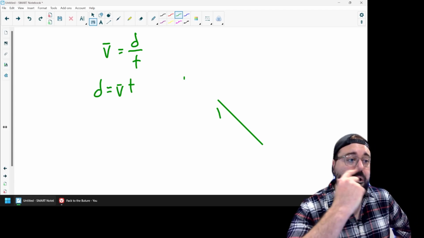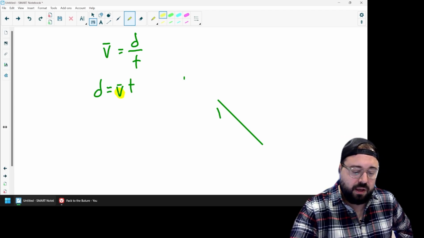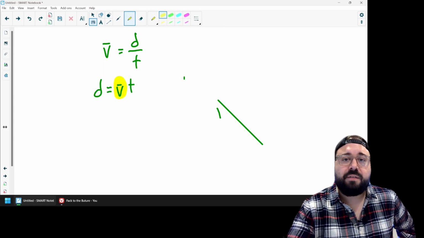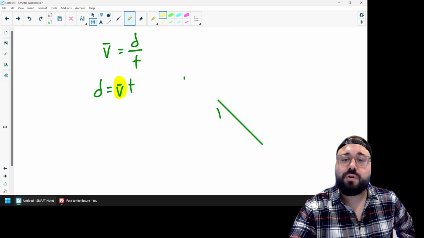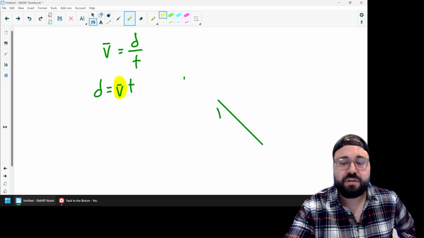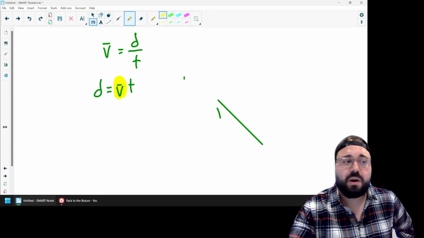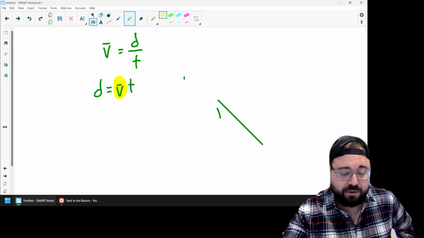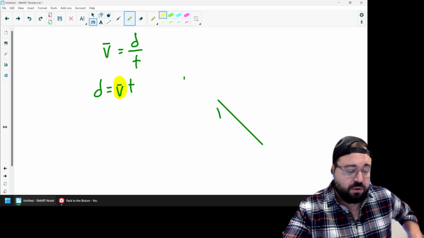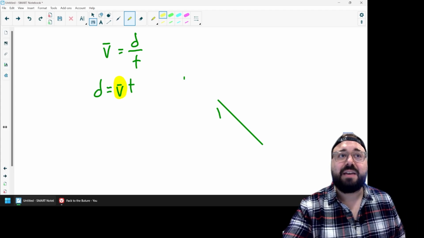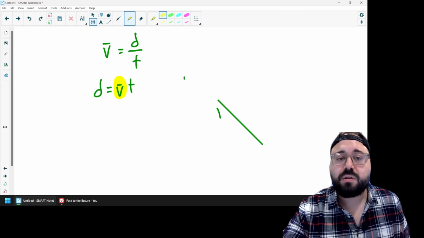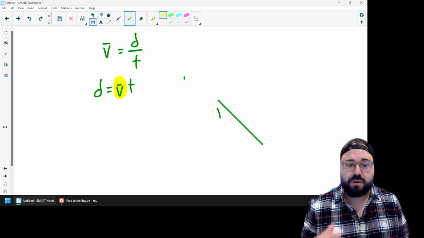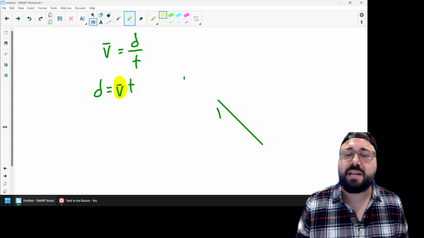The answer to that is no, because of this. If you recall, that line over the v indicates average velocity, right? This car was not traveling at 88 miles per hour the whole time. So if I plug in 88 miles per hour in 37 seconds, when this equation does its thing, it's going to give us a distance that corresponds to a car going 88 miles per hour the whole time, which is not what happened.